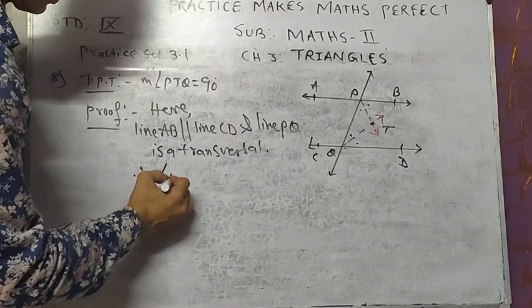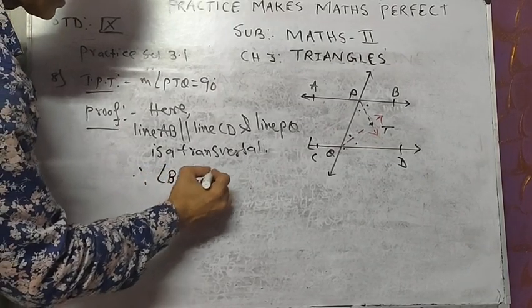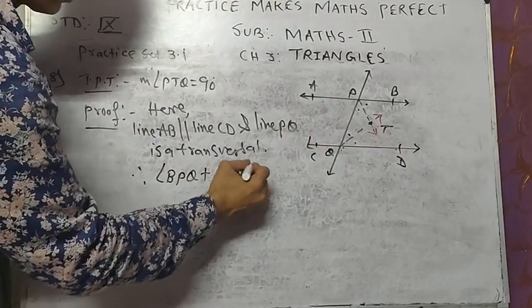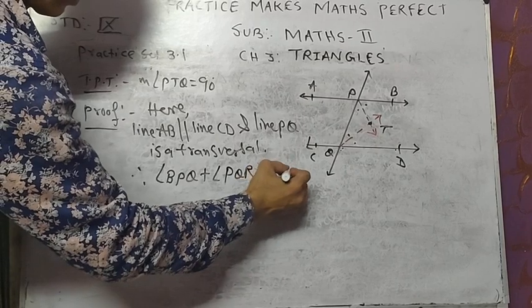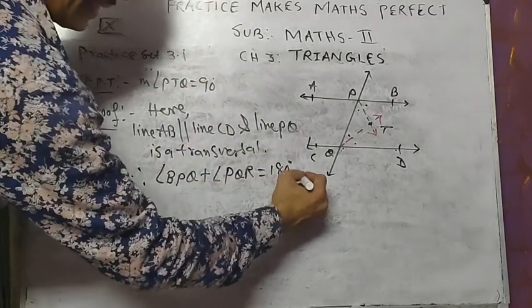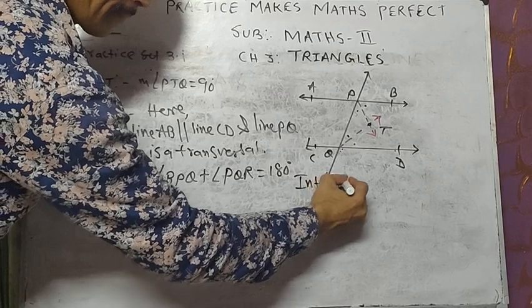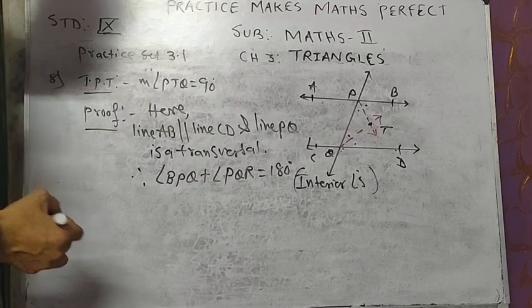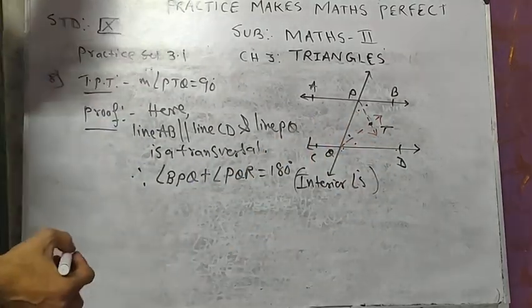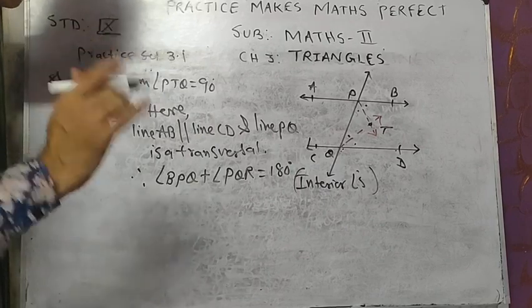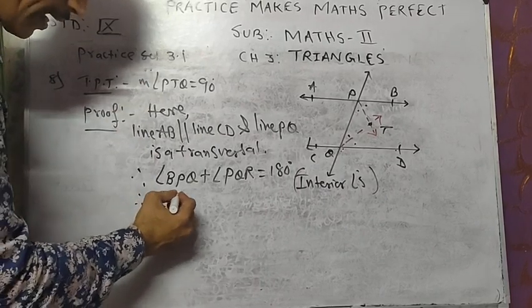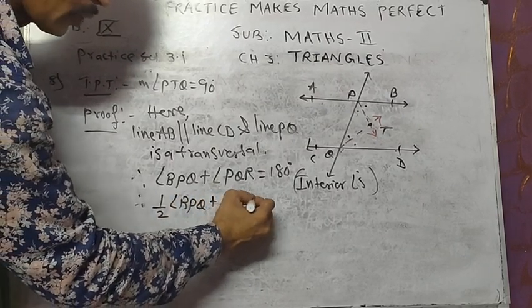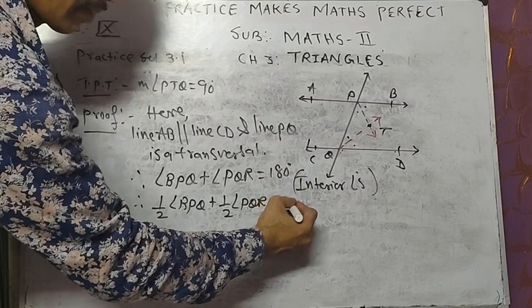Angle BPQ plus angle PQD is equal to 180 degrees. Interior angles, you will take the help of interior angles. Now these are the bisectors, so you can do half. So therefore half of angle BPQ plus half of angle PQD is equal to half of this.